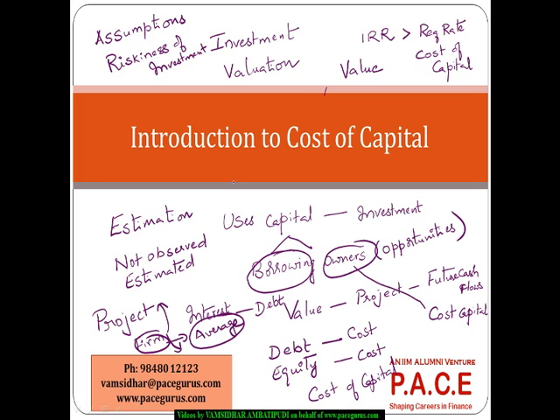Now, one more important aspect for us to look at is on a broader scale. When I use the word cost of capital, just to define it in more detail, whoever the suppliers of the capital are, sometimes the borrowers, sometimes the owner himself, that is the compensation they are looking for in return for the capital they have supplied.